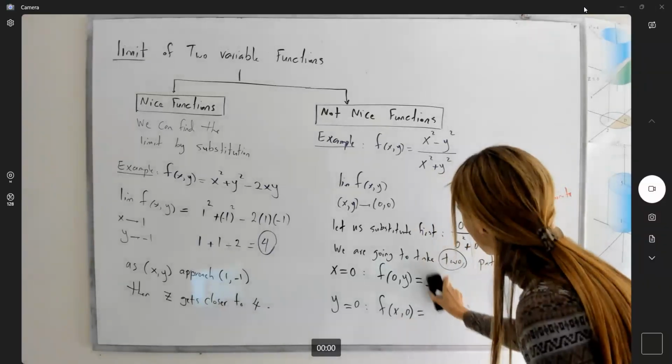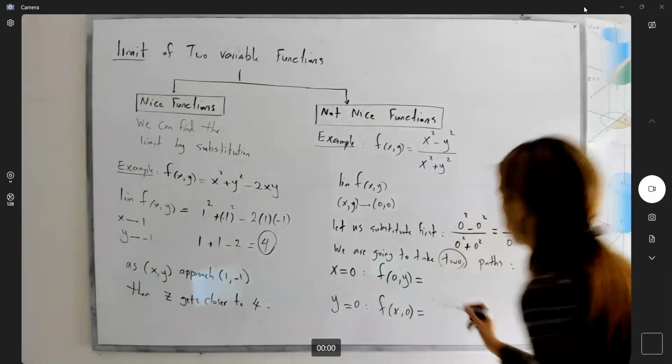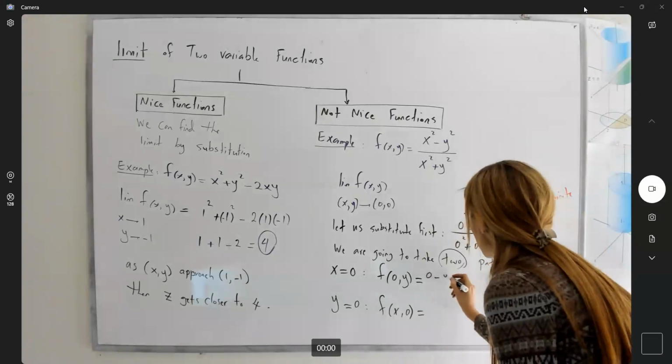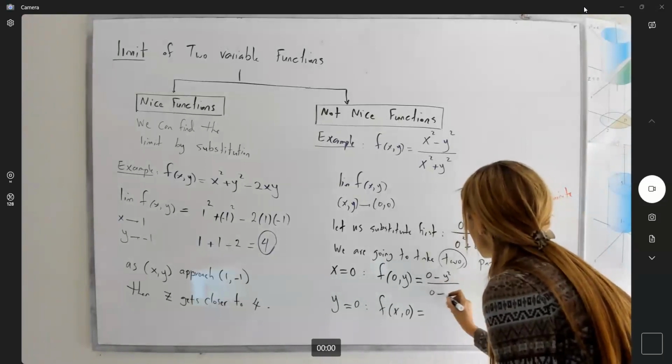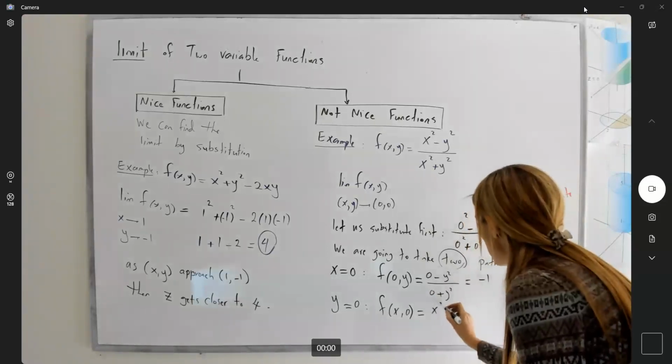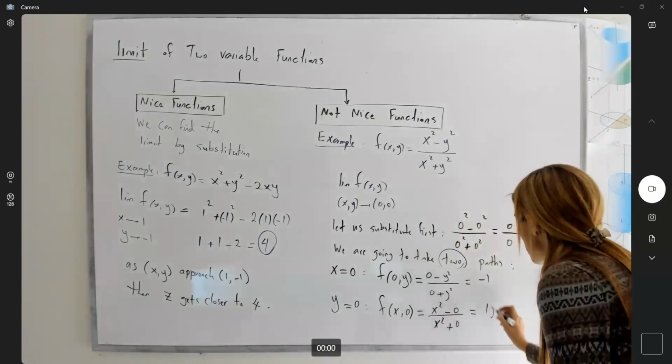So for this guy, you have 0 minus y squared over 0 plus y squared, which is negative 1. And here you have x squared minus 0 over x squared plus 0, which is just 1.